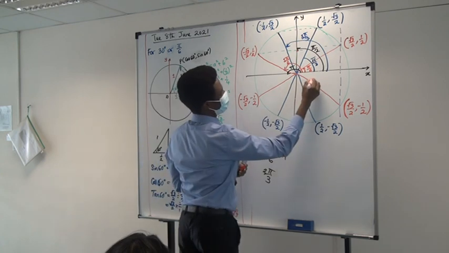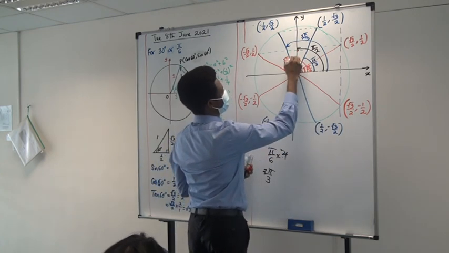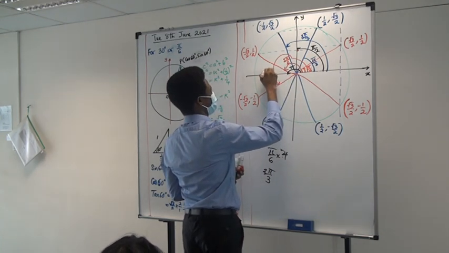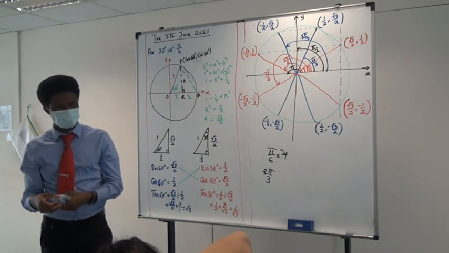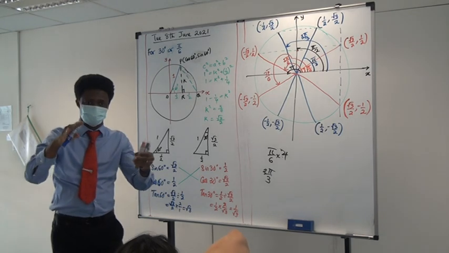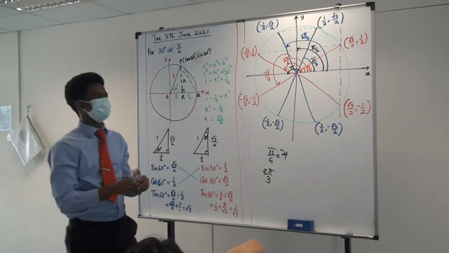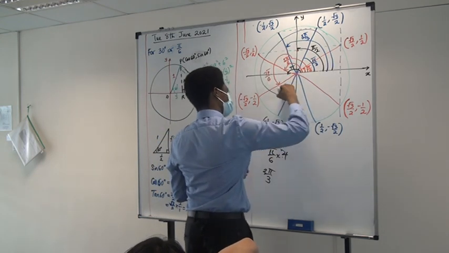So up to this point from the origin, let's go bigger and bigger. 7 pi over 6. The next one will be what? 8 pi over 6, and when you simplify, 4 pi over 3. So from the beginning, I'm going bigger.